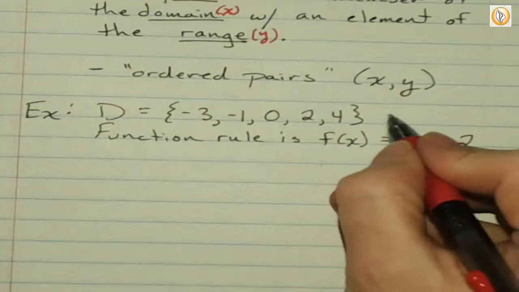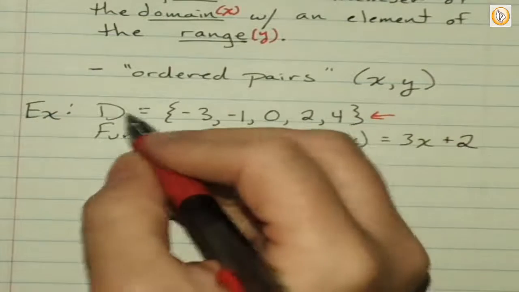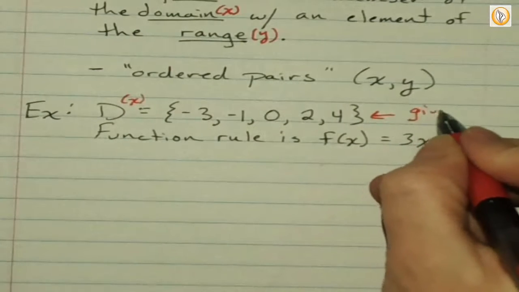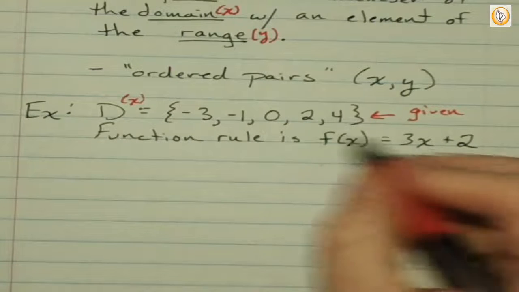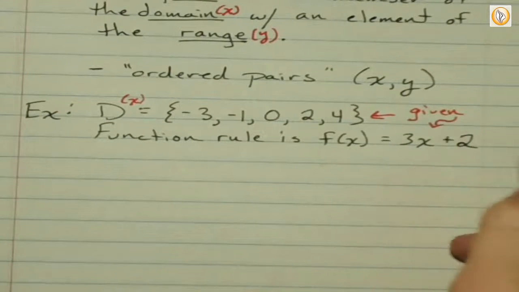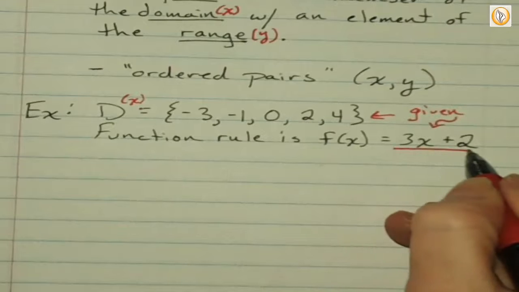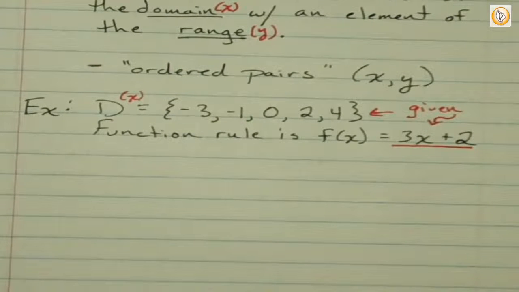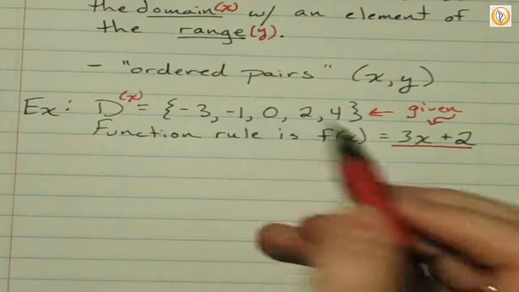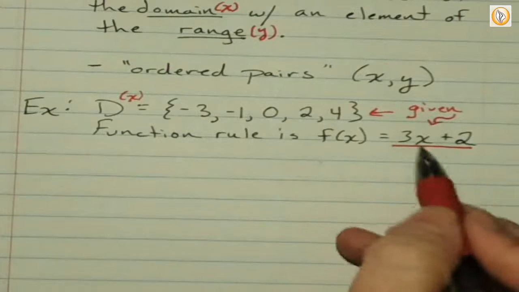So these are your x's. Remember, that's your x's. This was given. They gave that to you, and they also gave you the equation. So they gave you your x's, and they gave you the equation.